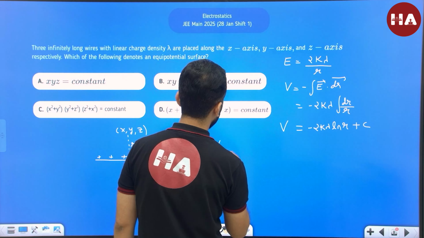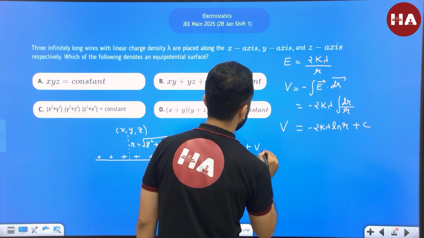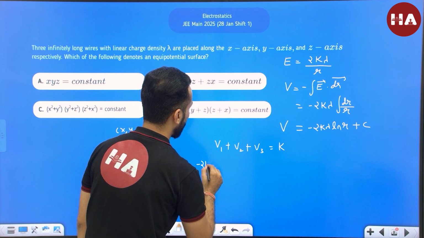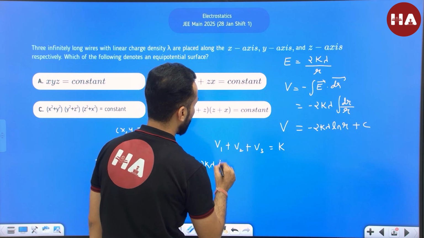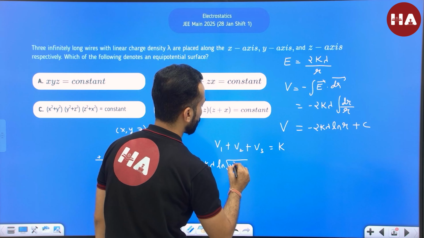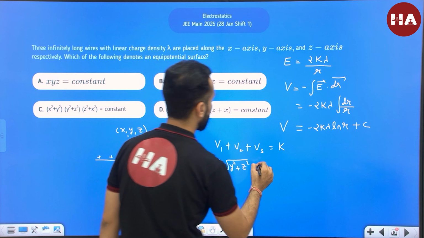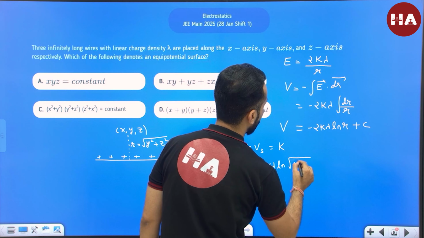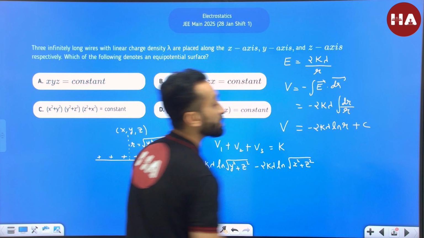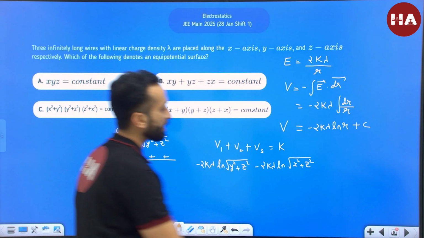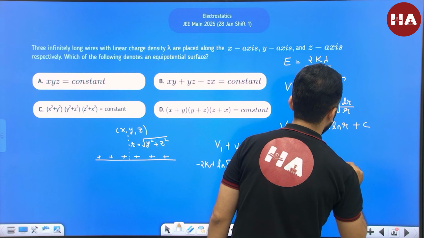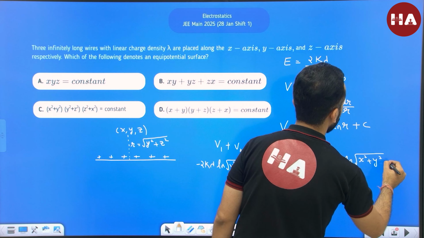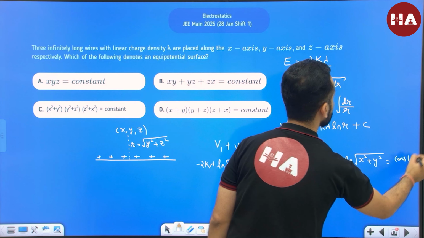So what are we going to do? We are going to write V1 plus V2 plus V3 is equals to constant, and hence it is going to be minus 2k lambda ln under root of y square plus z square for the first wire, then again minus 2k lambda ln under root of x square plus z square for the wire along y axis, and minus 2k lambda ln under root of x square plus y square for the wire along z axis.